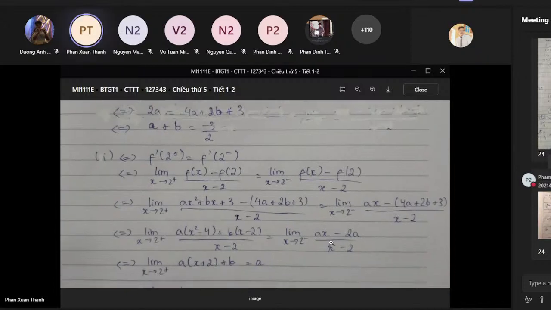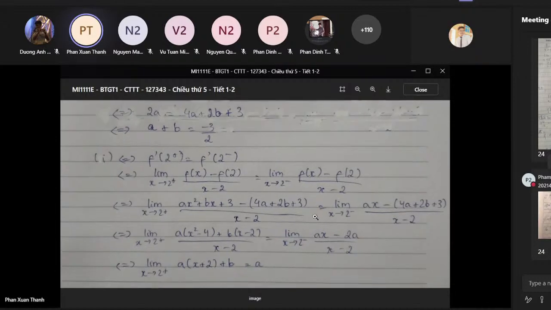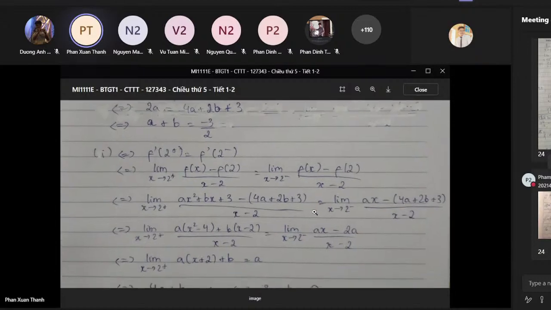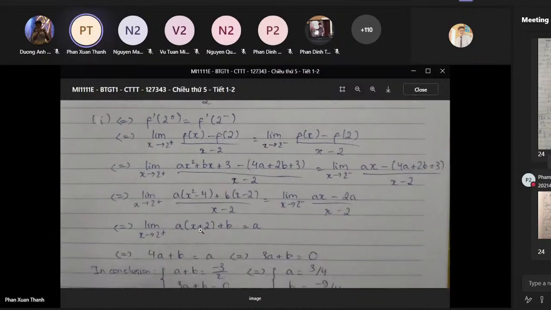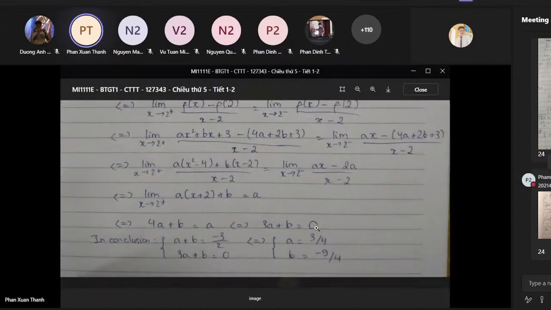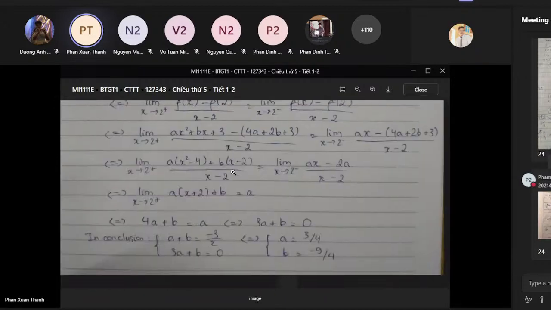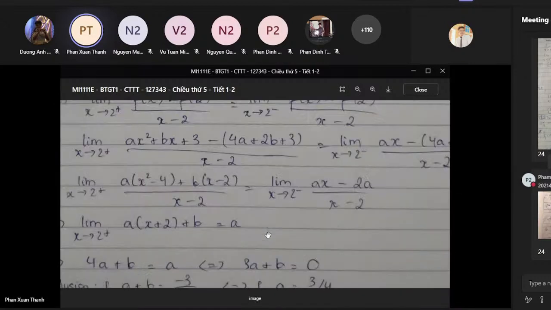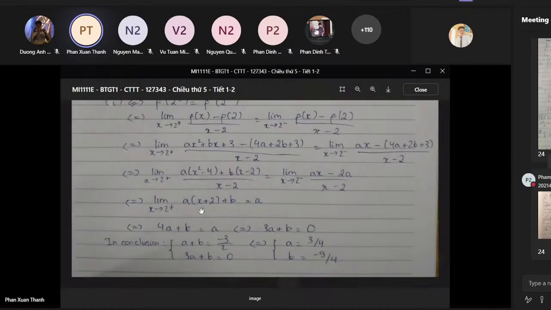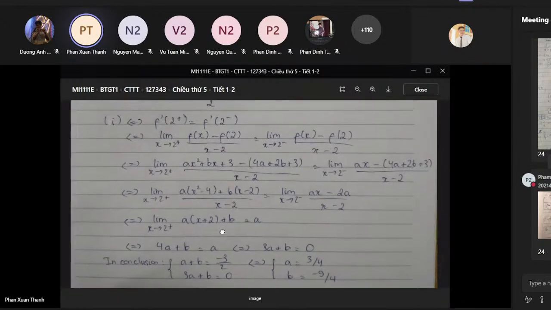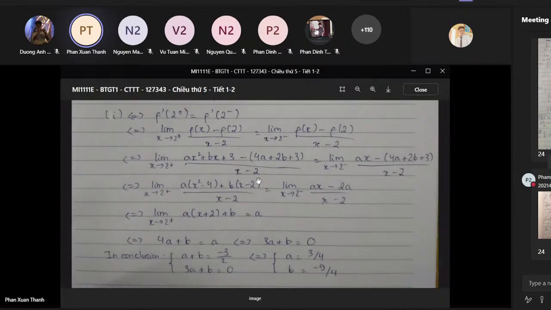So the left hand side equals a, and that means 4a plus b should be equal to a, so 3a plus b equals 0. So we get a equals 3 over 4 and b equals minus 9 over 4. Okay, well done. That's the correct answer for exercise 24.